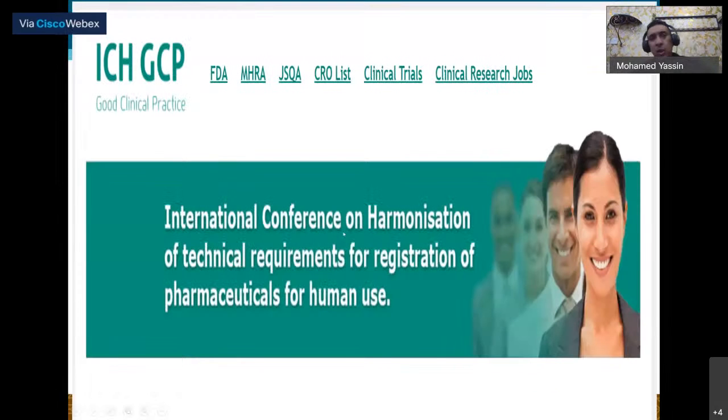So frequently we are talking about the ICH GCP. Just to familiarize you with the terminology, what do we mean by ICH GCP? ICH historically refers to the International Conference on Harmonisation of Technical Requirements for Registration of Pharmaceuticals for Human Use. So what does this long title mean?